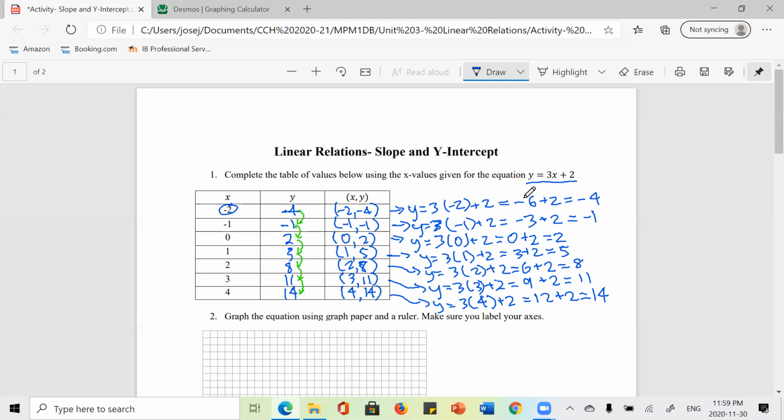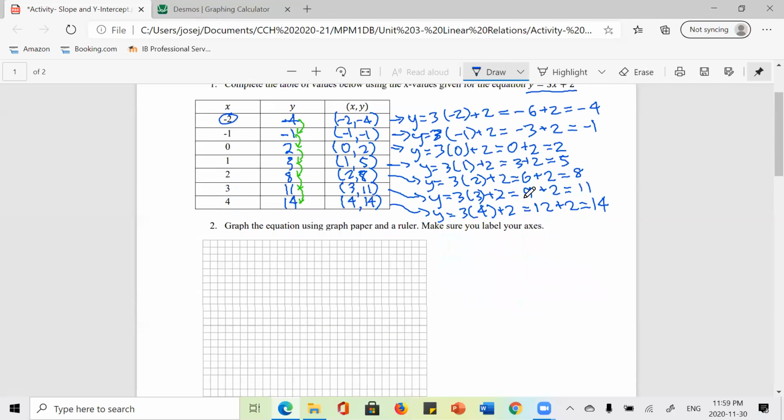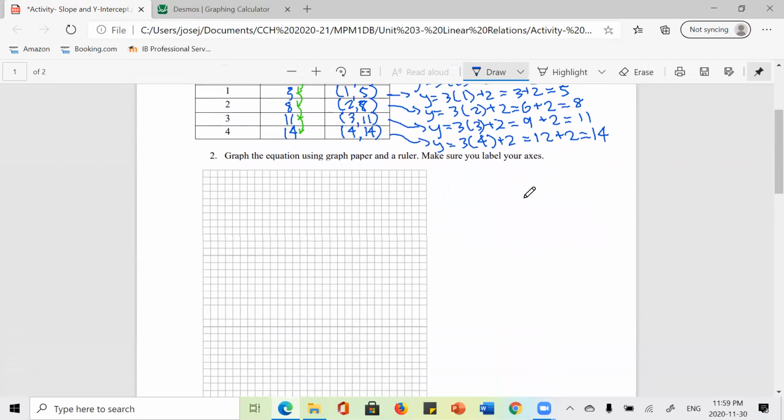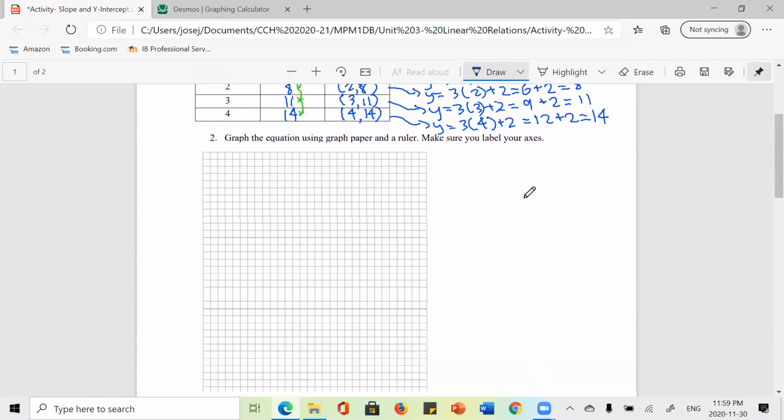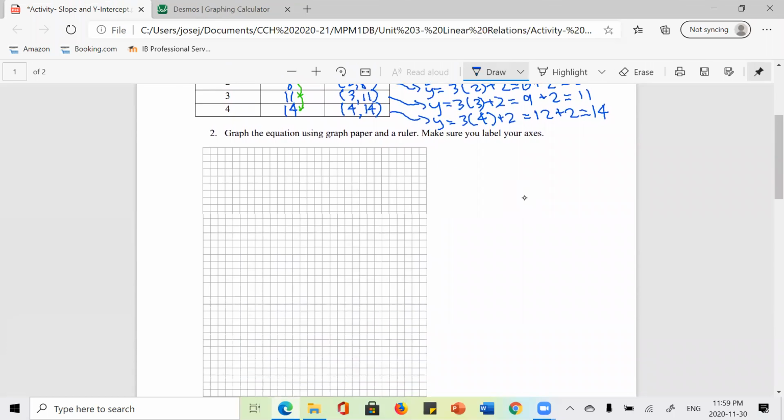So what I'm going to do next is scroll down a little bit and make my graph. Before I even start the graph, make sure you have a ruler. I obviously don't have a ruler at this moment, but I am going to do my best to draw a straight line here. It's going to look something like this. Oops, that's not a straight line.